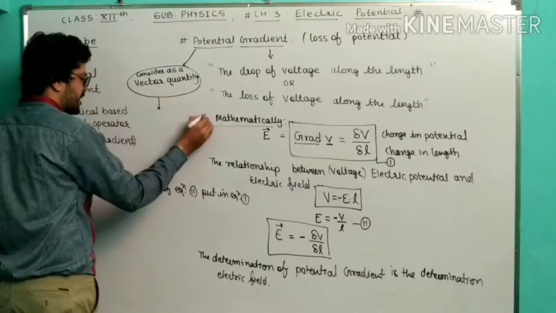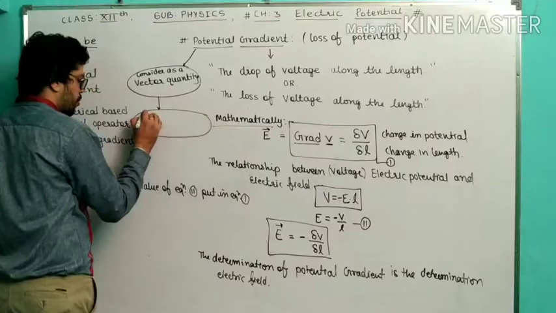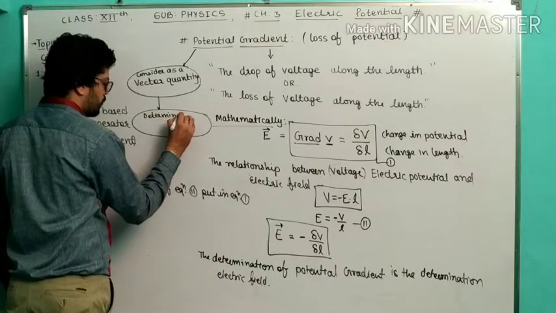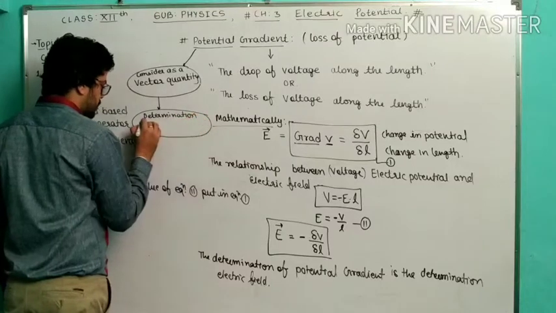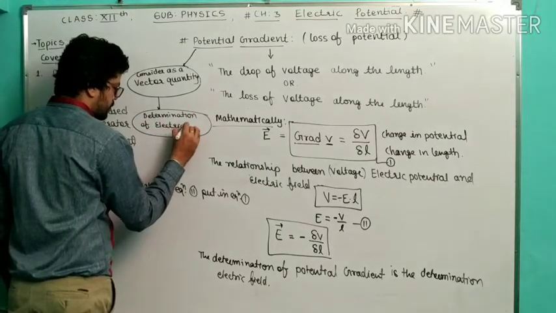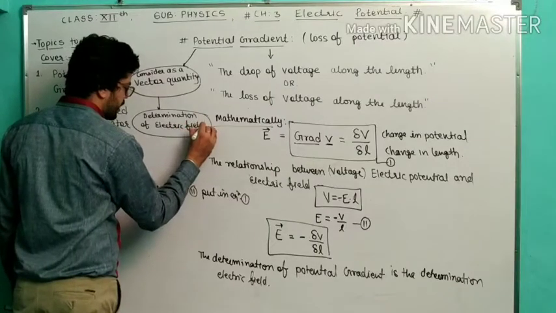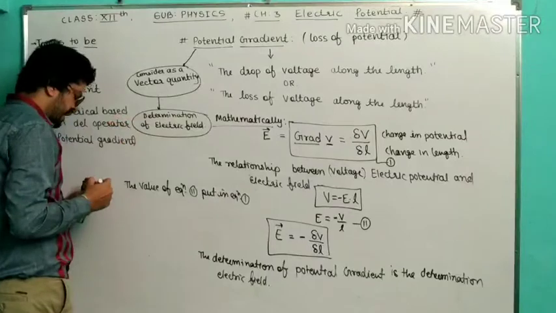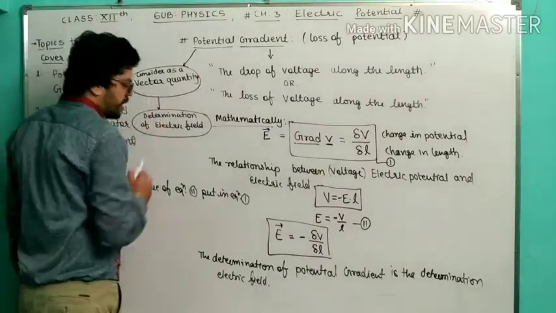Why is it considered a vector quantity? Because it is the determination of electric field. That's why it is considered a vector quantity.